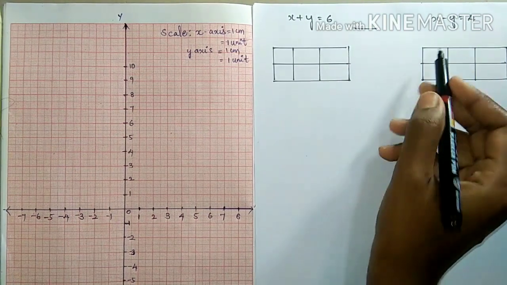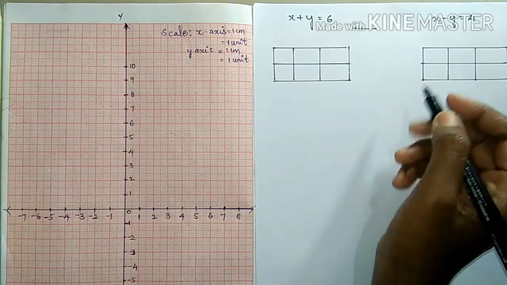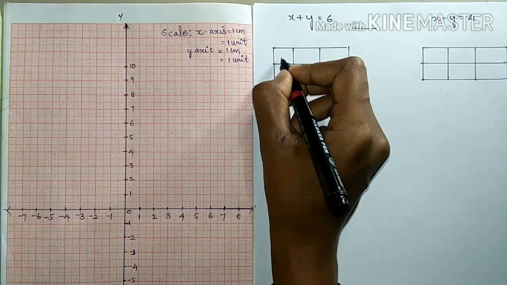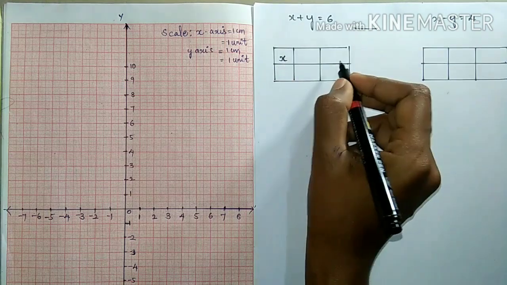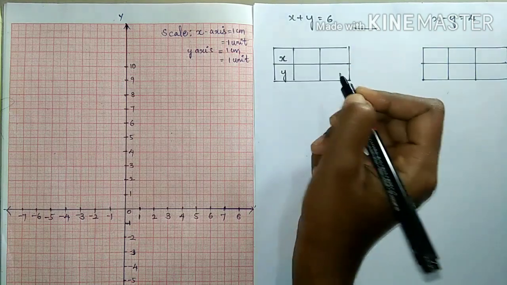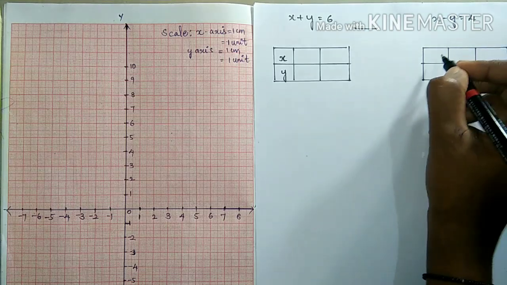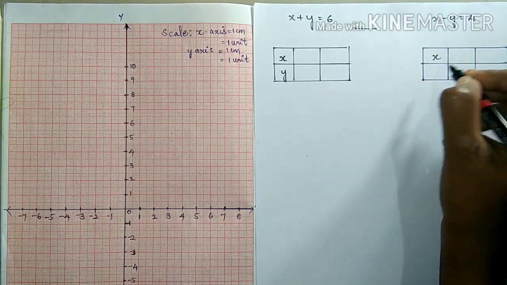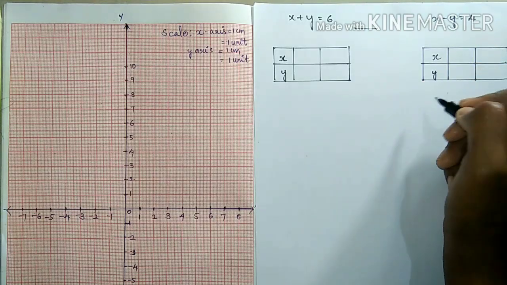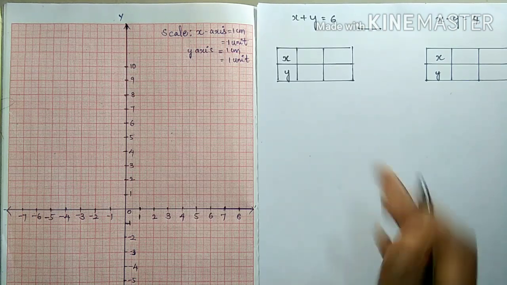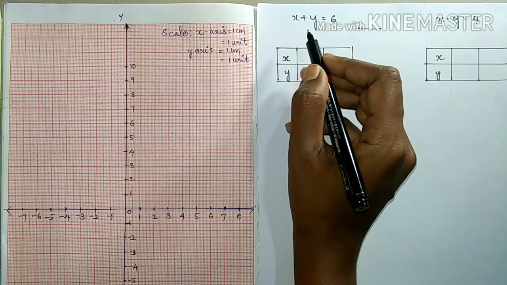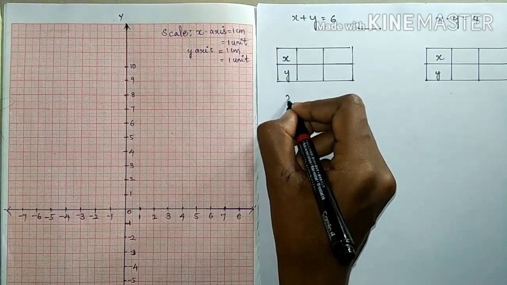Suppose two equations are given, we have to prepare a table for x coordinate and y coordinate, and then you will get a point. In the same way, for x coordinate and y coordinate here also you will get a point. Here I'll apply some easy tricks to solve these equations.